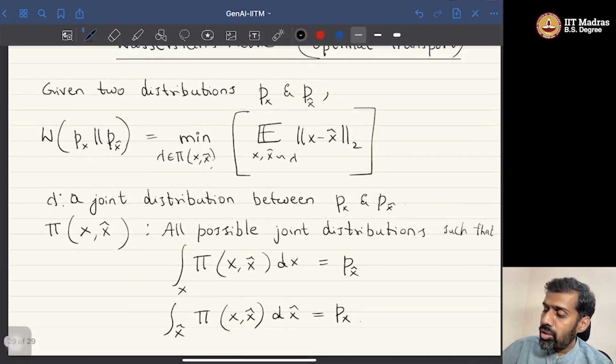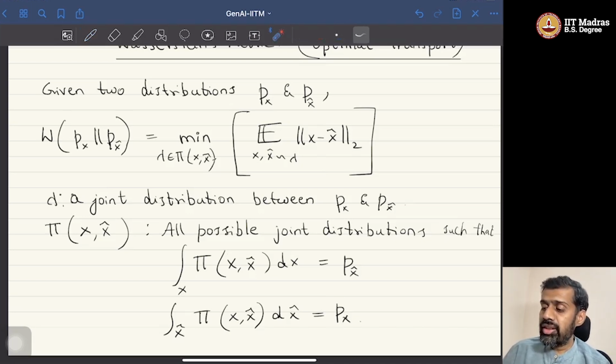Now the definition here is saying that the Wasserstein's distance between two distributions px and px cap is given by the minimum of the expectation of the distance between the samples x and x cap drawn from a joint distribution, and the minimization is over all those joint distributions such that when the joint distribution is marginalized with respect to x, you get one of the constituent distributions, and when you marginalize over the other random variable, you get the other constituent distribution.